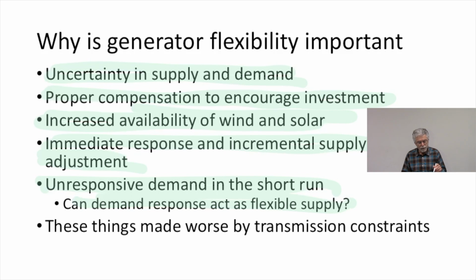And of course, all of the reasons I've mentioned so far for wanting to have flexible resources are made worse by transmission constraints. When there are constraints in the transmission of power, then we need to think about making sure that local generation assets provide the essential flexibility services in those localities.